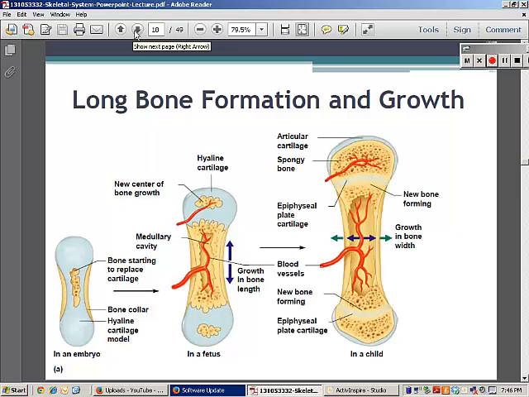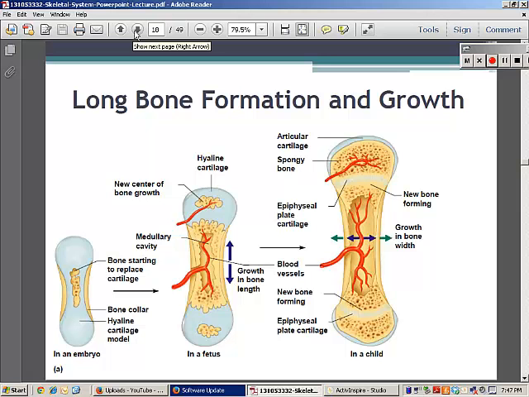This will continue all the way up until adulthood, of course, but childhood is where we see the drastic contrast, where you see a lot of bone and very little cartilage. You only see a little bit of cartilage on the ends called articular cartilage, and you're going to see the forming of this epiphyseal plate, where you will see the bones start growing in length.